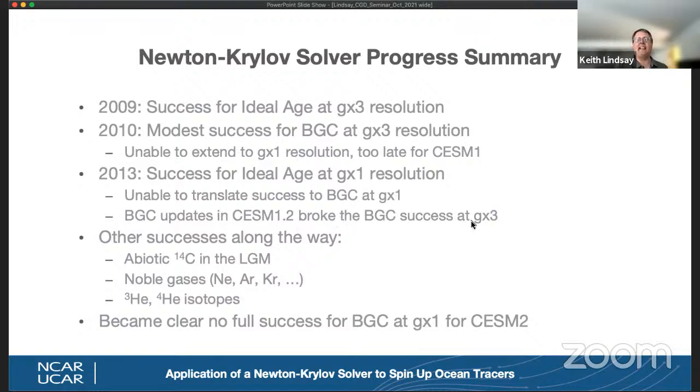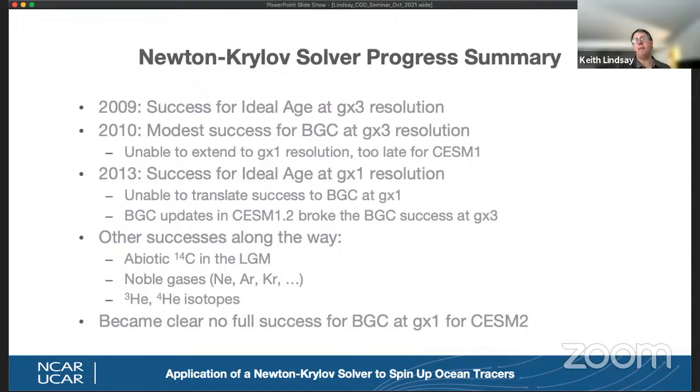So we weren't able to get the pieces together in time for CESM1 or CESM2 completely. That said, there were some other successes along the way of spinning up radiocarbon for different model configurations like the LGM. It's been used to spin up noble gases that are useful as a diagnostic of ocean ventilation, and helium isotopes, which are a useful diagnostic for evaluating deep ocean circulation.